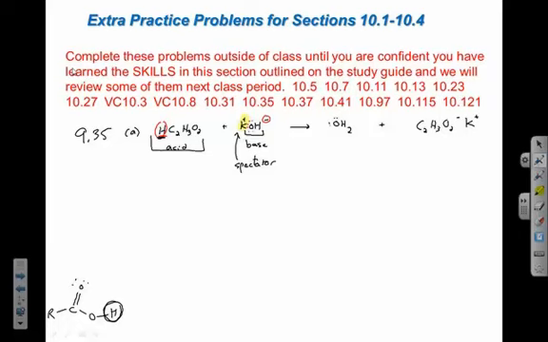If we're interested in the ionic and net ionic equation, the ionic equation would be separating charged particles that are aqueous. So this molecule here is molecular. It doesn't have any charges.